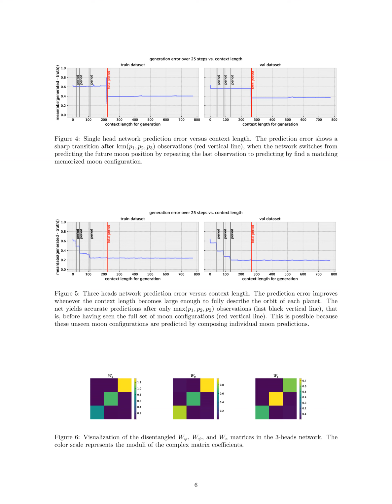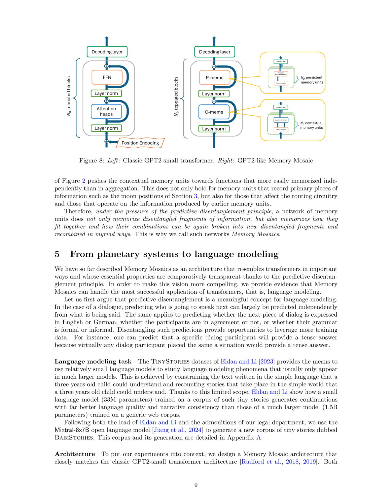Additionally, the training process may bias the network towards a disentangled solution, potentially limiting the flexibility of the model. Another limitation is the need for careful design and tuning of the architecture, as hyperparameters that are optimized for transformer architectures may not directly transfer to memory mosaics, putting them at a slight disadvantage in certain comparisons.